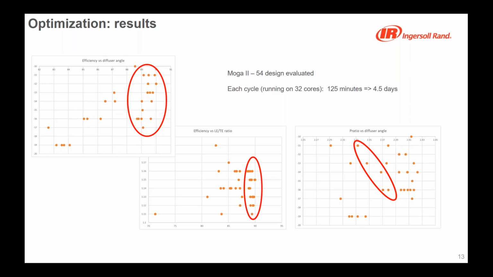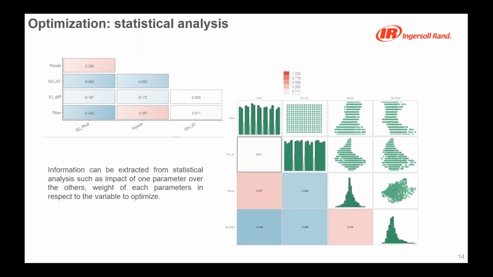And then you can put together and start looking into these results and try to identify how to correlate each other. One of the ways to do this is to use the optimization statistical analysis. The slide you see here is referring to the same case where I'm showing on top of the diffuser also the IGV, as for that stage we also consider an IGV.